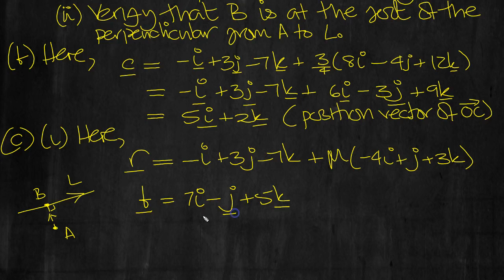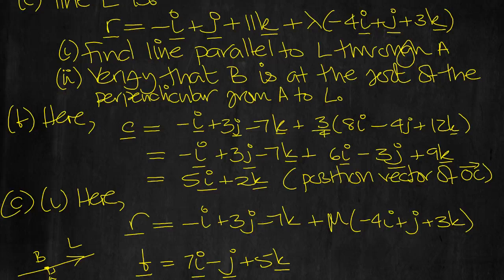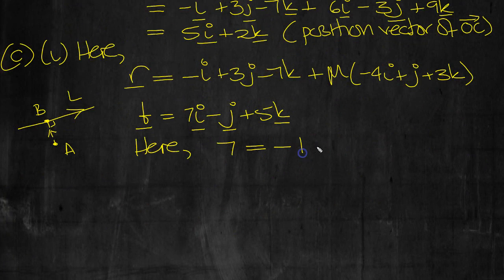So there's B. So here 7 needs to equal the line L, which is here. So minus i minus 4 lambda.